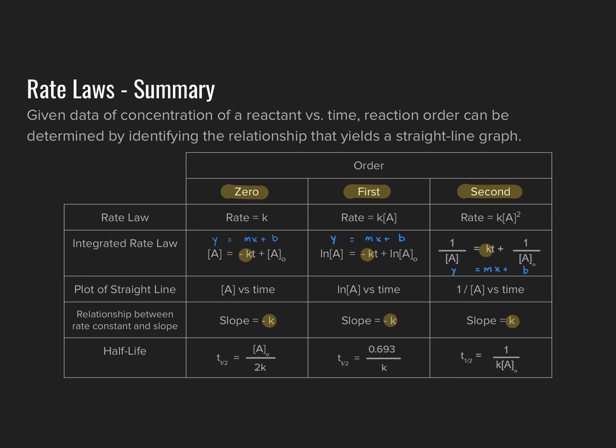Notice, please, the only half-life which is independent of concentration is the half-life of a first-order reaction. So if you are provided data in a free response question that shows you that the half-life does not change depending upon the concentration of the species, that is sufficient justification to prove that you are dealing with, in that case, a first-order reaction.